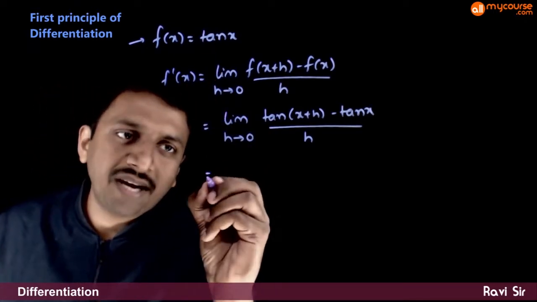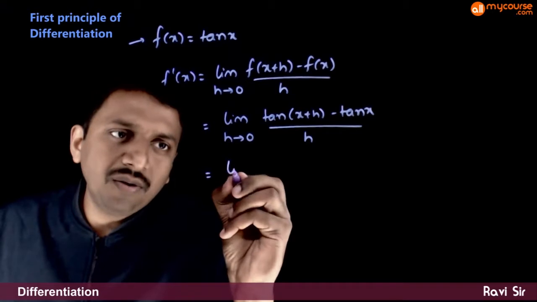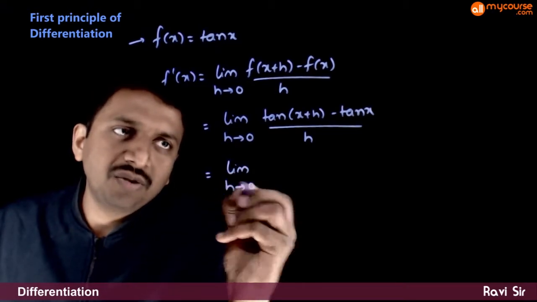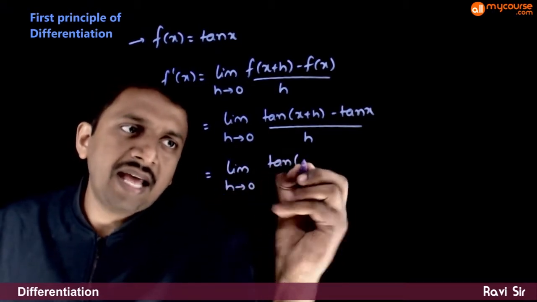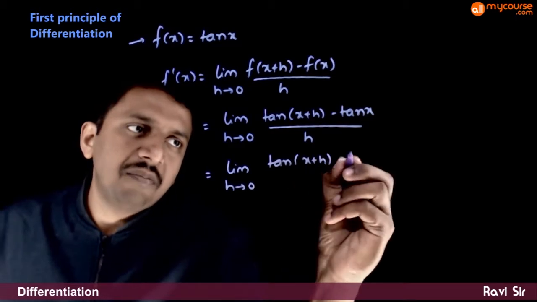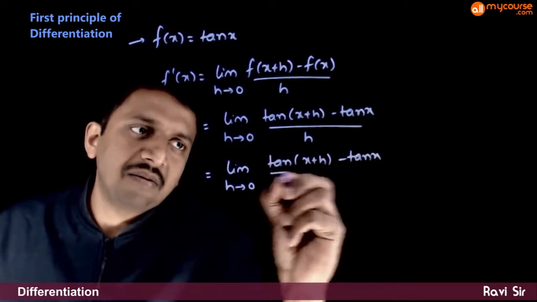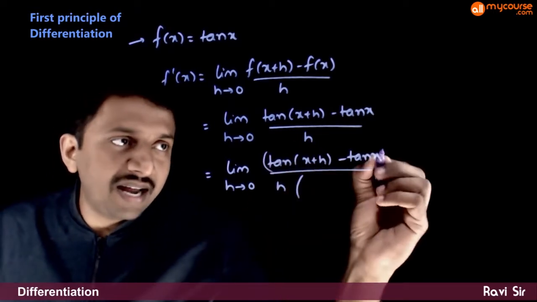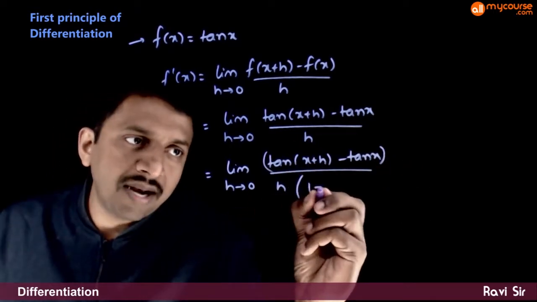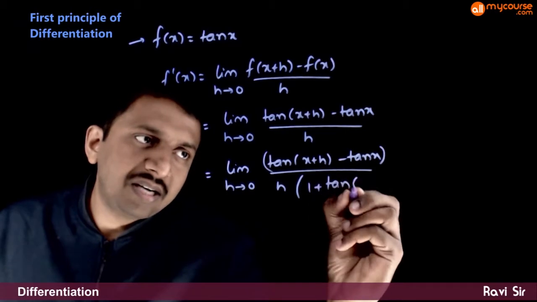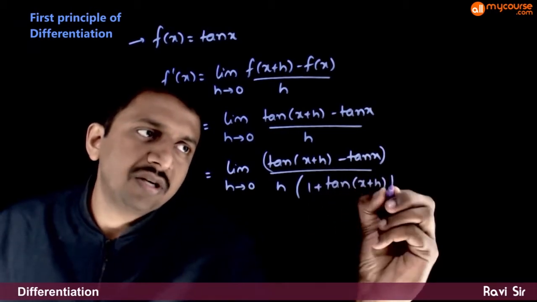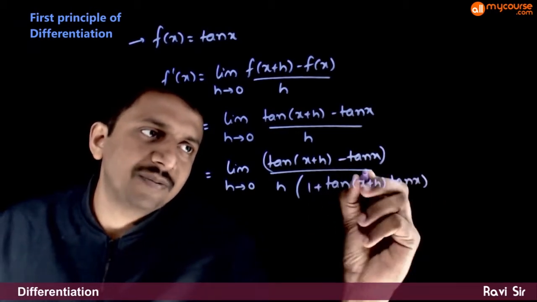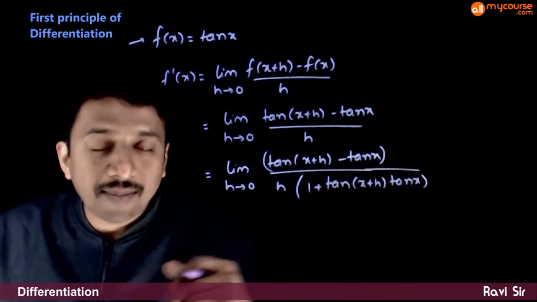So how can you find this limit? What I do is, limit h tends to 0 of tan(x + h) minus tan x, by h. I'll multiply and divide this fraction with 1 plus tan(x + h) into tan x. Let us see what happens if I do that.